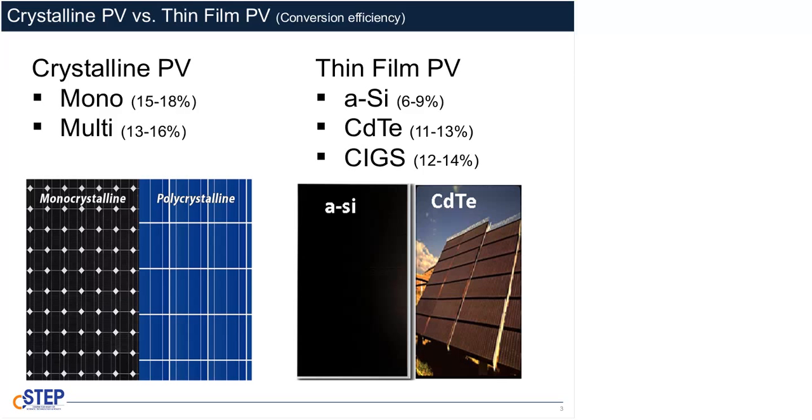For example, if we talk of installing a 1 kilowatt solar PV system, then on an average, the area required for the thin films will be 1.6 times, as a thumb rule, the area required by the crystalline PV. In the coming slides, we will be discussing the production capacity and the installed capacity in India and across the world.